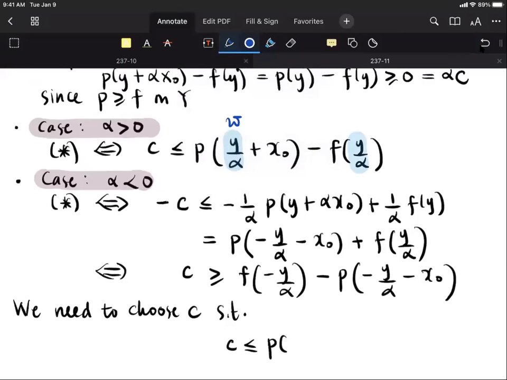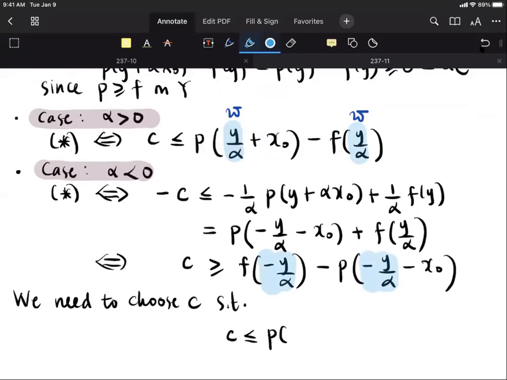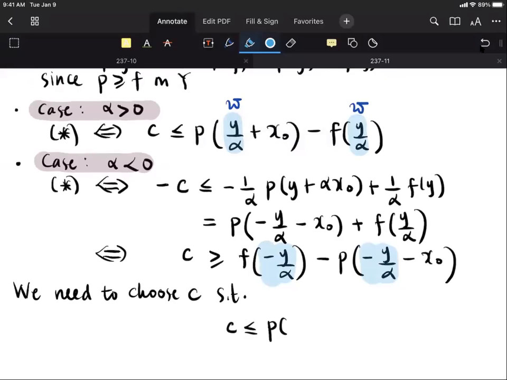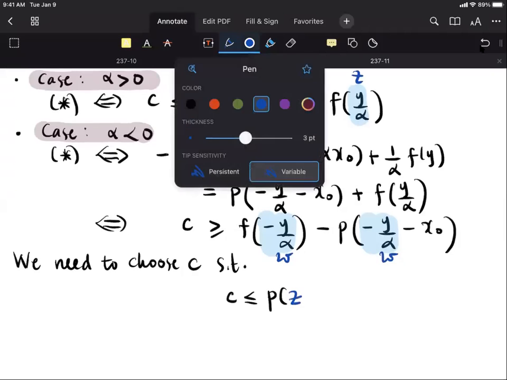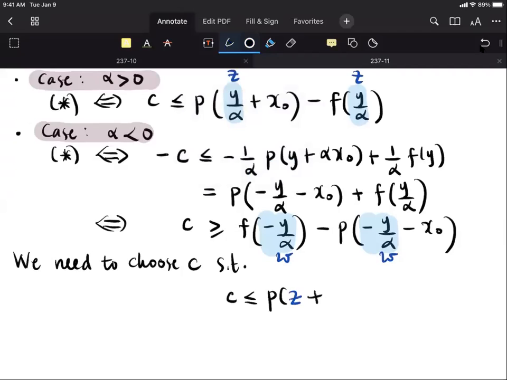Say this is W. And let's say this is Z, including the negative sign. So let's say this is Z and this is W. So based on this, we need to prove the following. So Z is less than P of Z x naught minus F of Z.